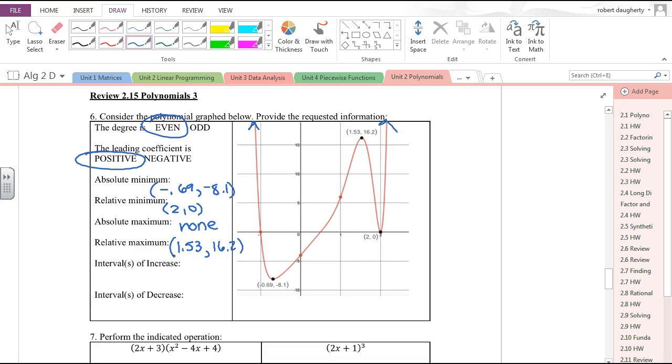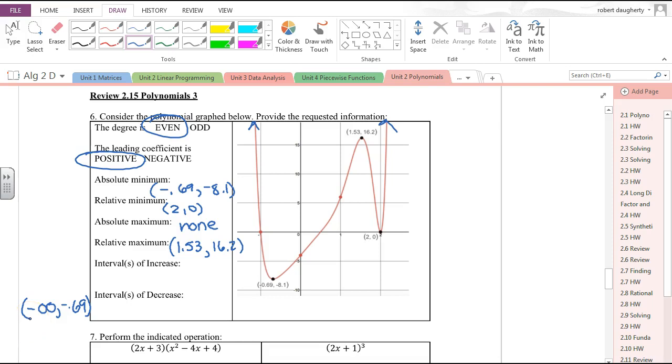Intervals of increase. So as I travel from left to right, I am decreasing from negative infinity to negative 0.69. So negative infinity to negative 0.69, that's an interval of decrease.